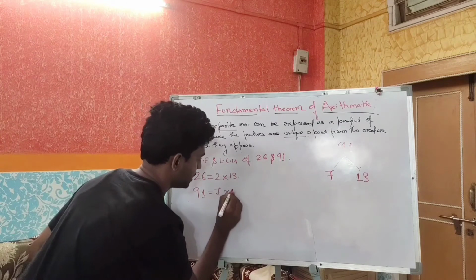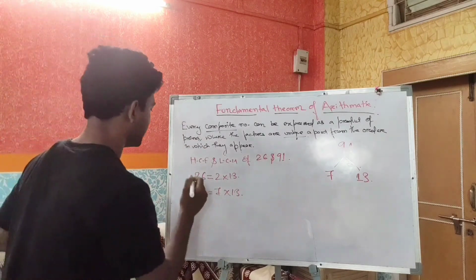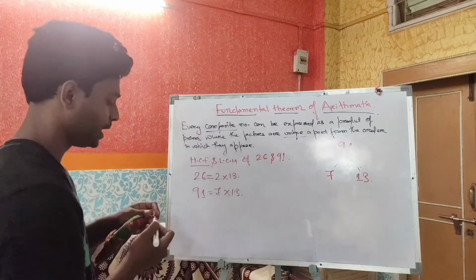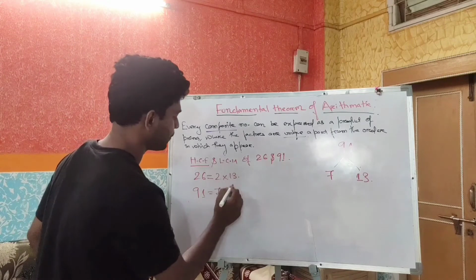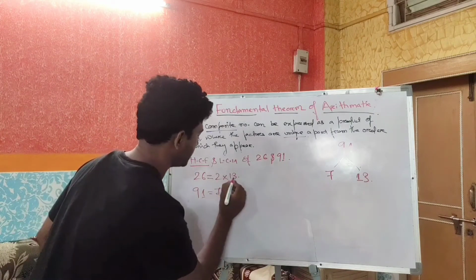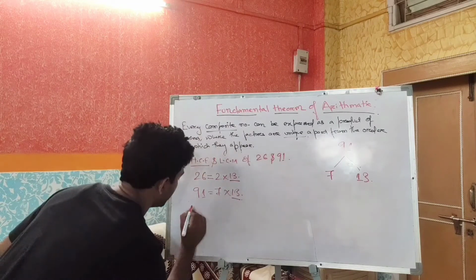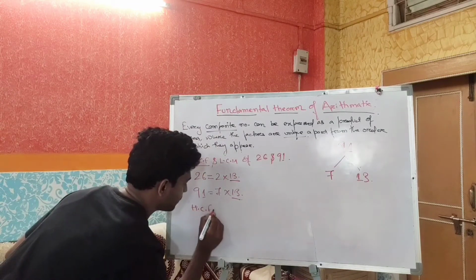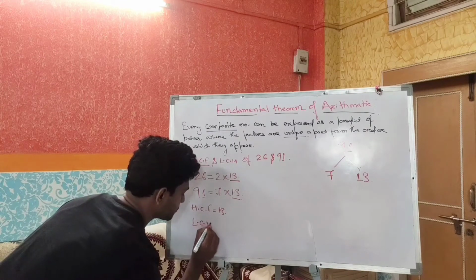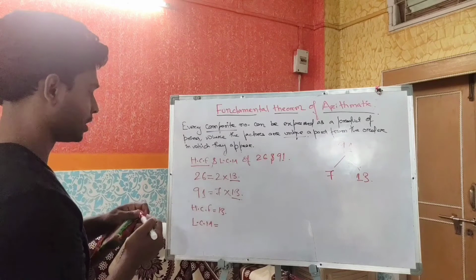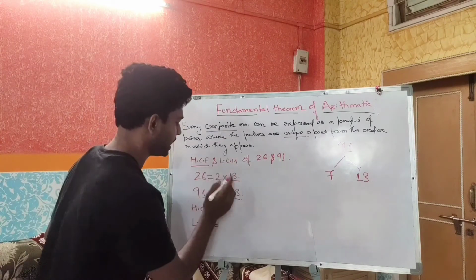So in order to find the HCF, we take the common factor of these two numbers. Here the common factor is 13, so the HCF is 13. And the LCM: in order to find the LCM, we take the common one and also the uncommon ones.